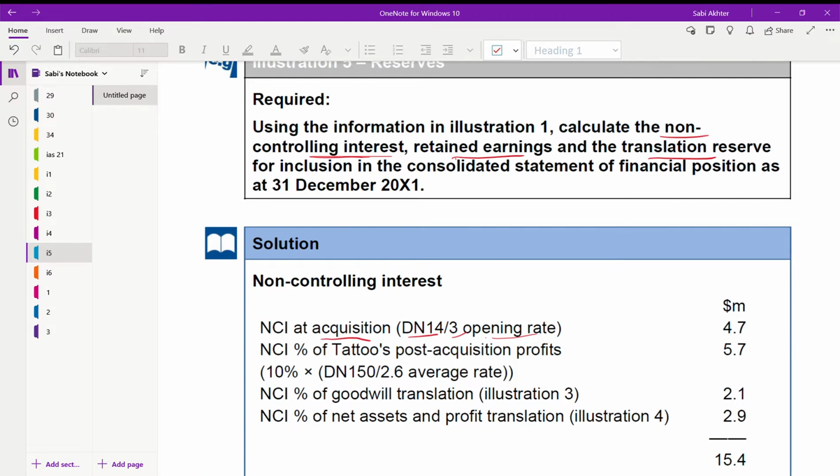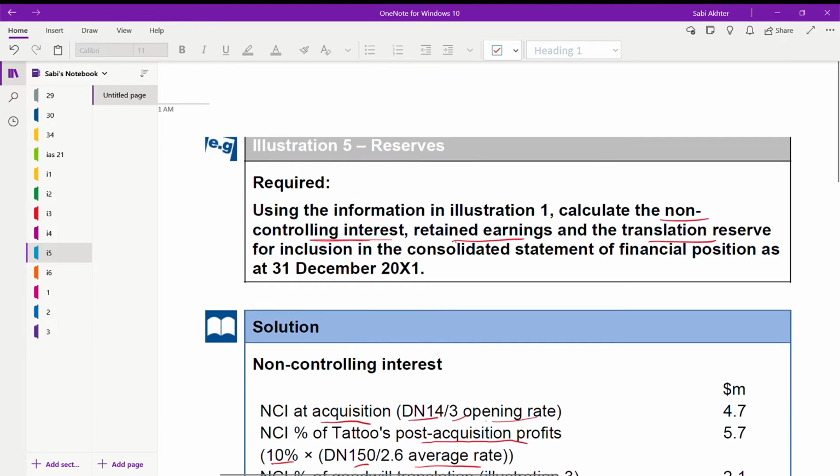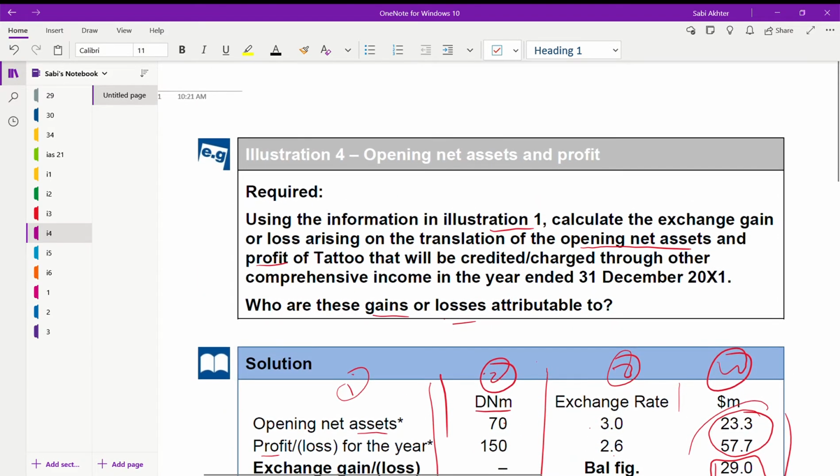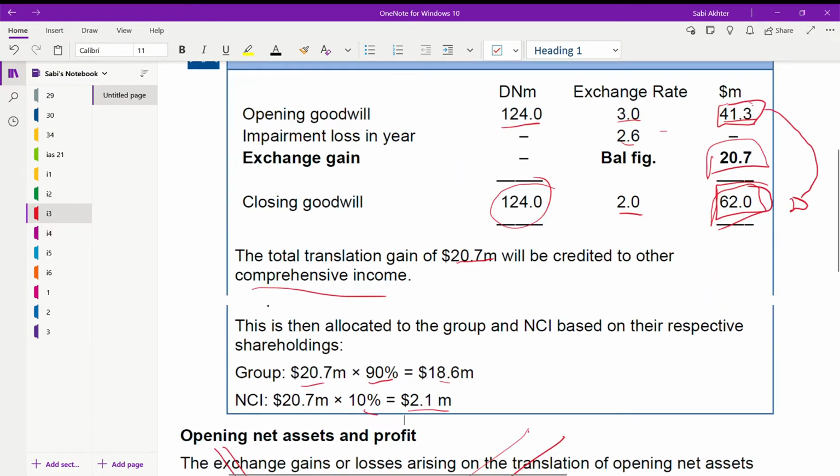Okay, so 14 divided by 3. Now you have to take the post acquisition profit, NCI's percentage. NCI was 10%. Post acquisition profit was 150. You have to take average rate because profit. If you see here, 150 for net assets and all. Wait, I don't know which illustration was that.